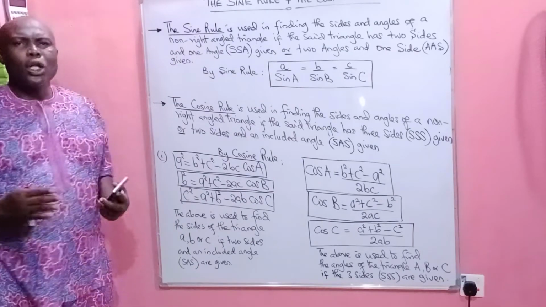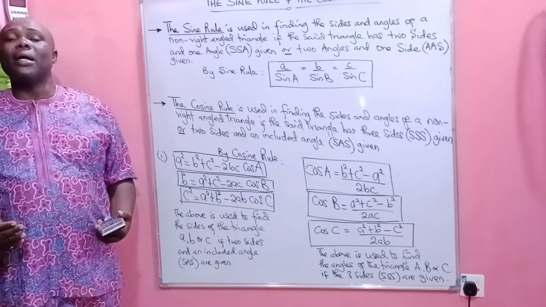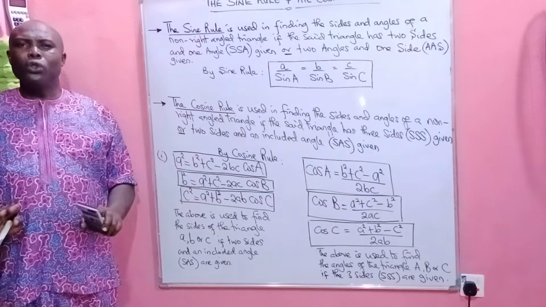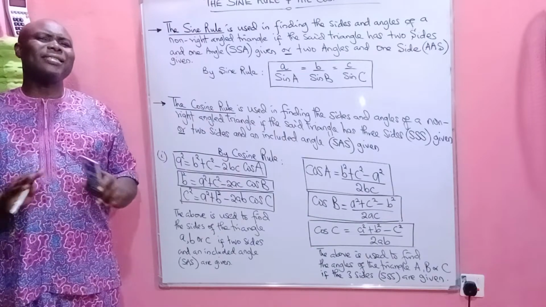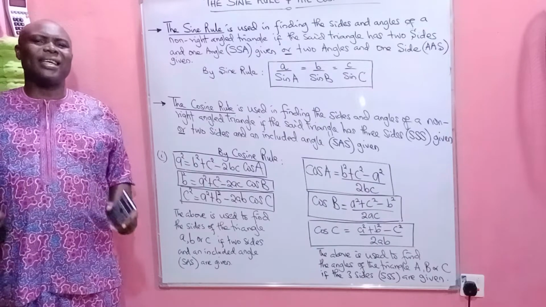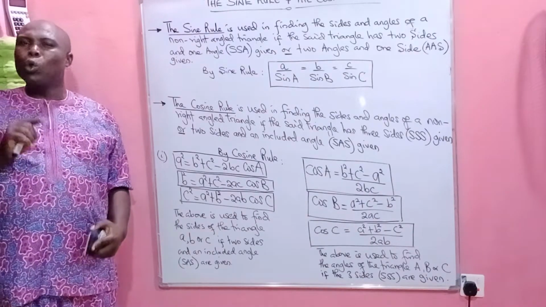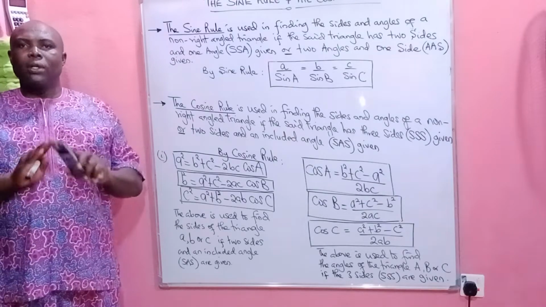Alright, now the cosine rule. The cosine rule is also used in solving triangles that are not right angle, provided the following two conditions prevail. Number one, either the triangle has three sides given, which is SSS, or it has two sides and an included angle given, which is SAS. Take note, it's very important.